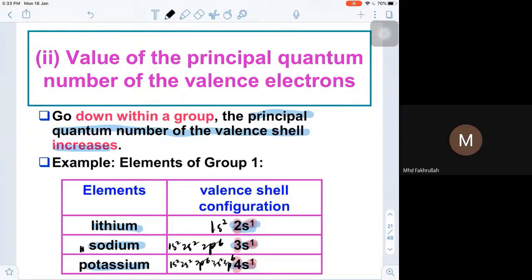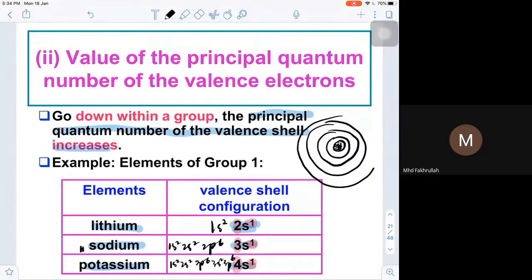Okay, or if we try to draw the atoms, if we have a lithium, it has only 2 shells. But this is the nucleus. But if we have a sodium, it has an extra 1 shell. As for the potassium, since it ends with 4s, it has until n equal to 4. Okay, if we label it, this is n1, this is n2, this is n3, this is n4.